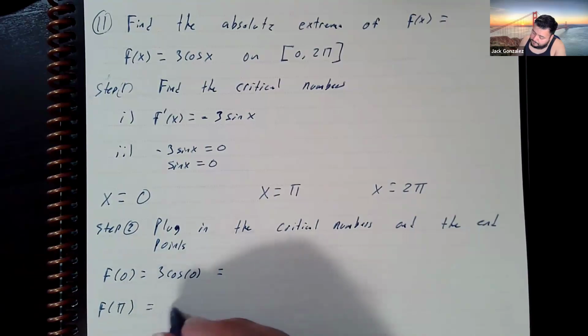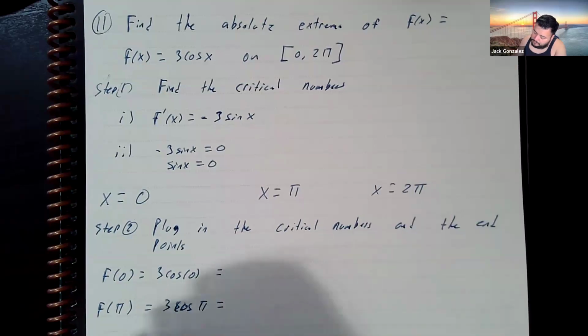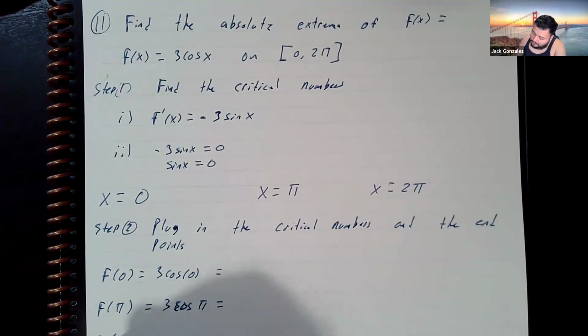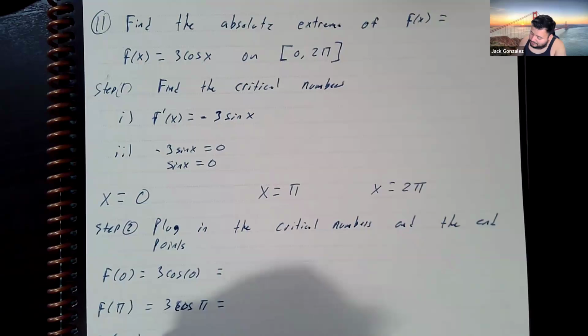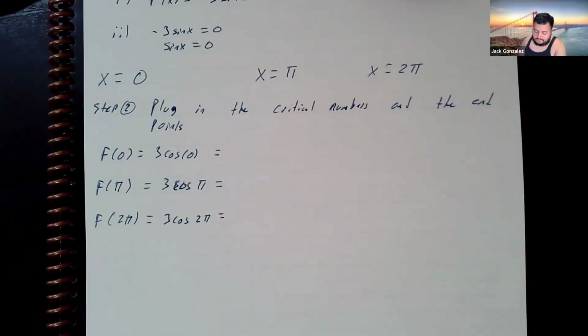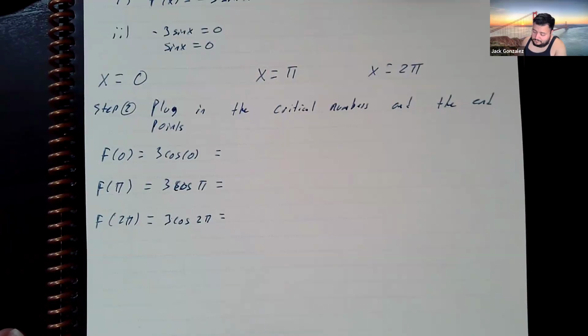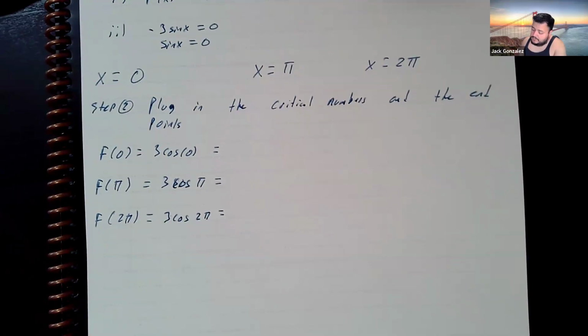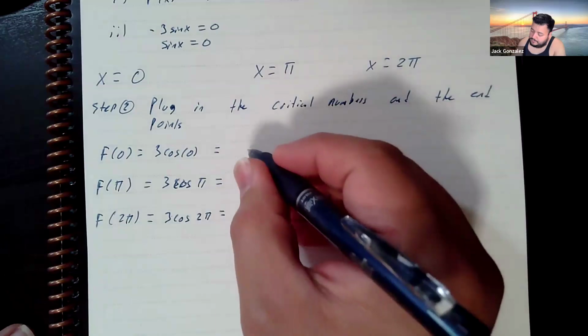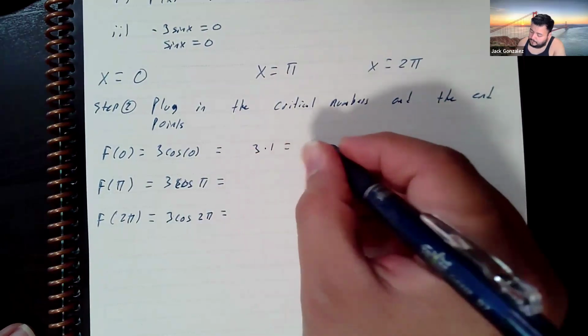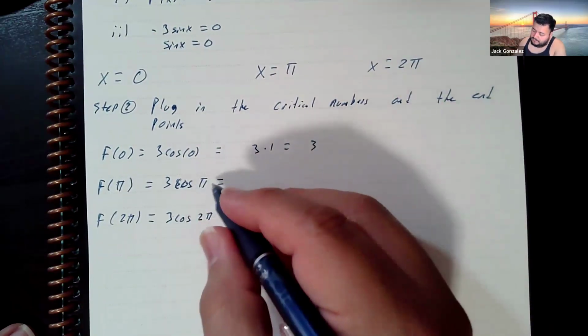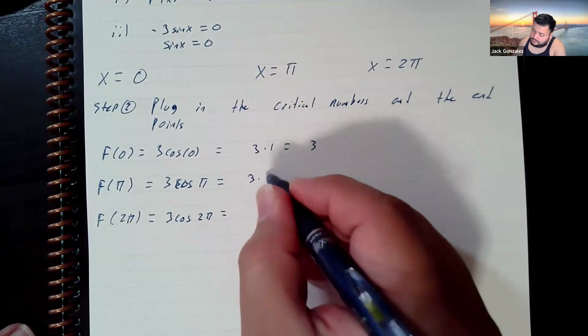Pi. The cosine of 0 will be 1, right? That'll be 3 times 1. Cosine of pi will be negative 1, so it'll be 3 times negative 1.